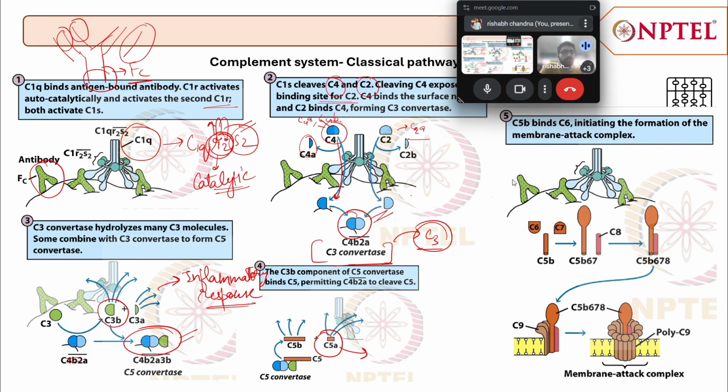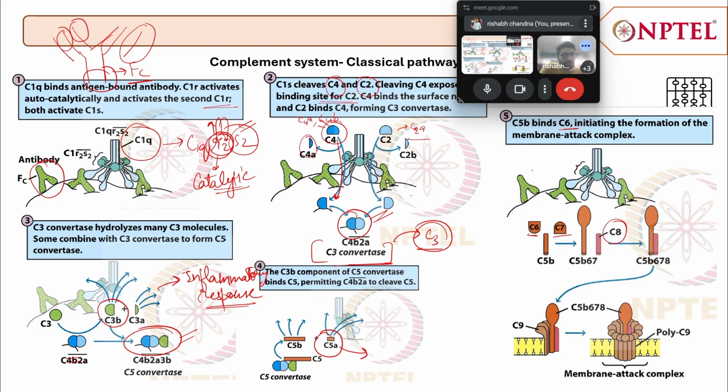Okay, now this C5b binds to C6 and initiates the formation of the membrane attack complex. So now it will recruit C6, then C7, then C8.